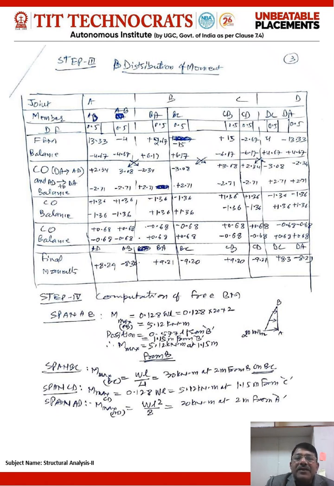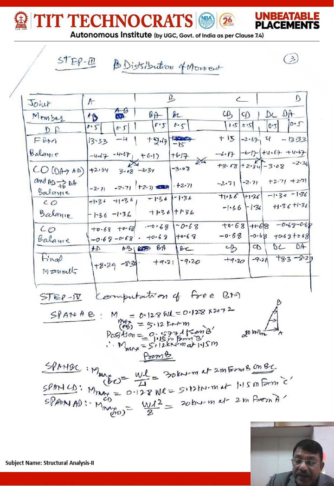After running the cycles of the moment distribution, since the values are the same, it is not so difficult. After 2 to 3 cycles, you are able to find the stable values at the end of the distribution. You are able to find the final values of moments at the base as 8.20, 8.20 in the last row of the observation table.